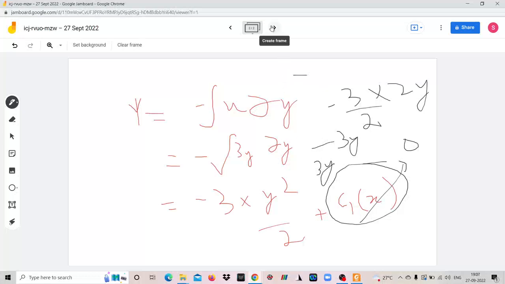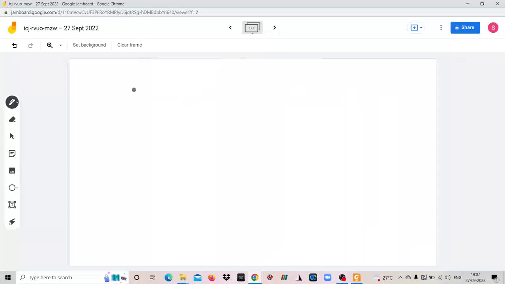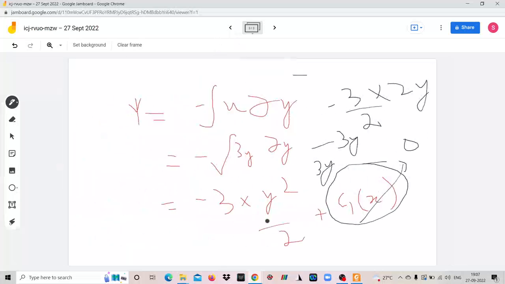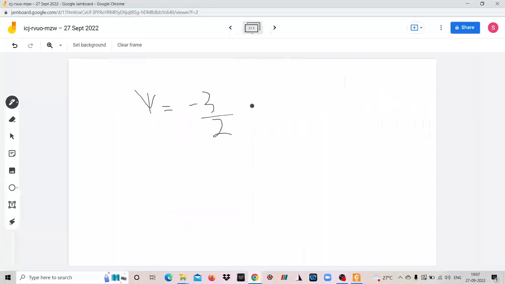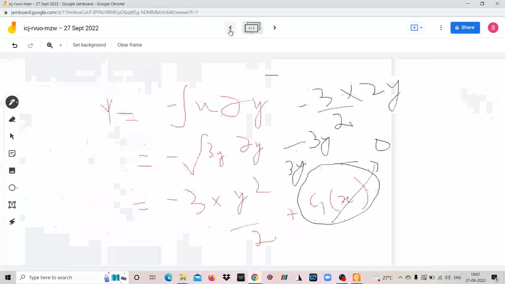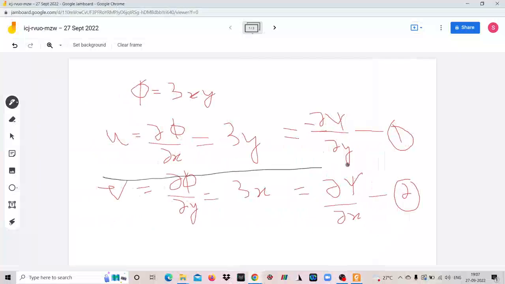Hence it is verified. So from the u component, psi is equal to minus of 3 by 2 y square plus c1x.